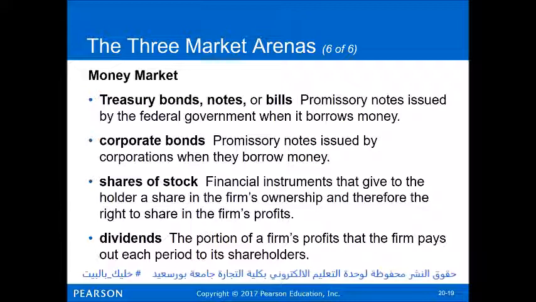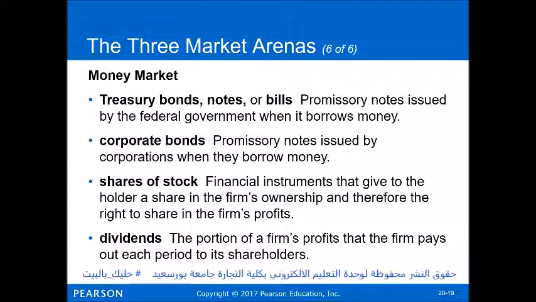These are: 1. Treasury bonds, notes, or bills. And these are promissory notes issued by the federal government or the central government when it borrows money from the money or financial market. The second instrument is corporate bonds.